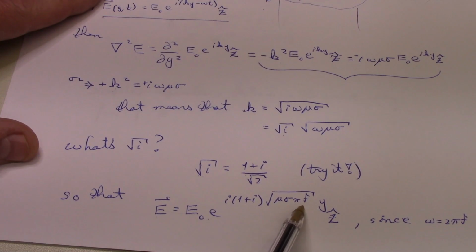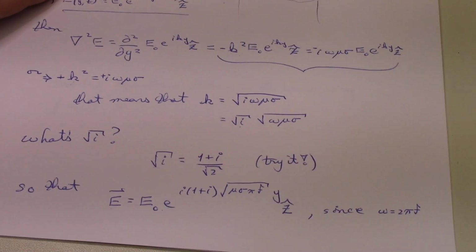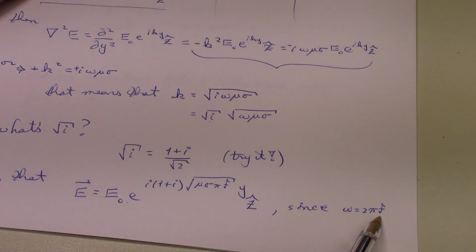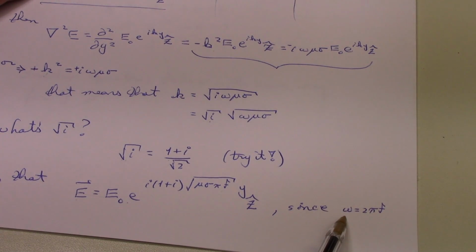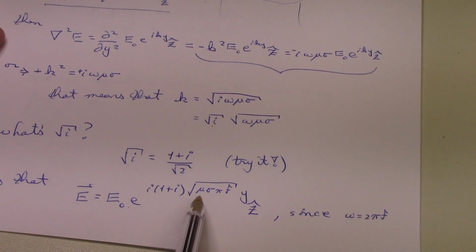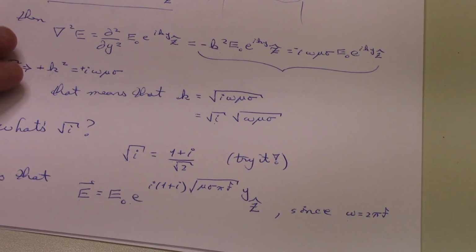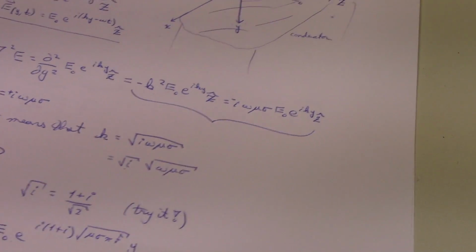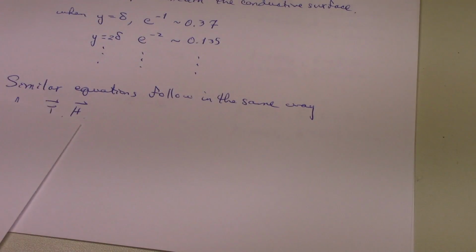And notice I've slipped this f in there because f, the cyclic frequency, times 2 pi is equal to omega, the radio frequency. Okay, so we're getting close. Notice that we have the square root of mu sigma pi f, which is what we saw before that the ARRL handbook quoted.